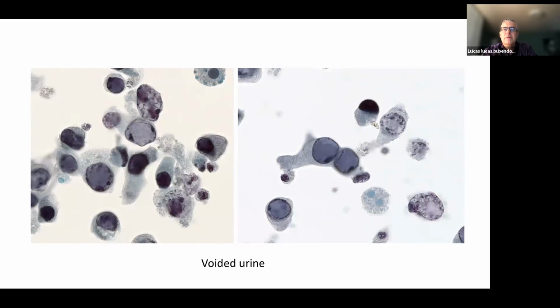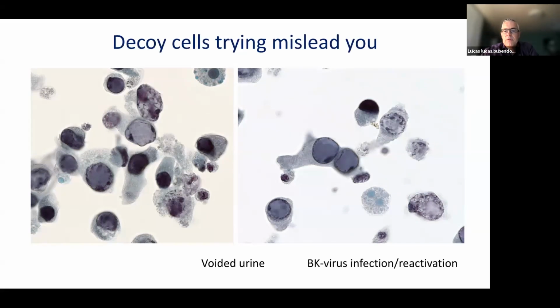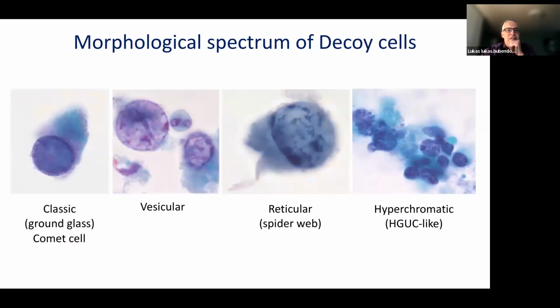But you see the ground glass appearance, and that calls your attention and must make you very cautious. And when you go back and see what patients these are, they are often patients under immunosuppression, especially patients after kidney transplantation. That was a reactivation of a viral infection actually.